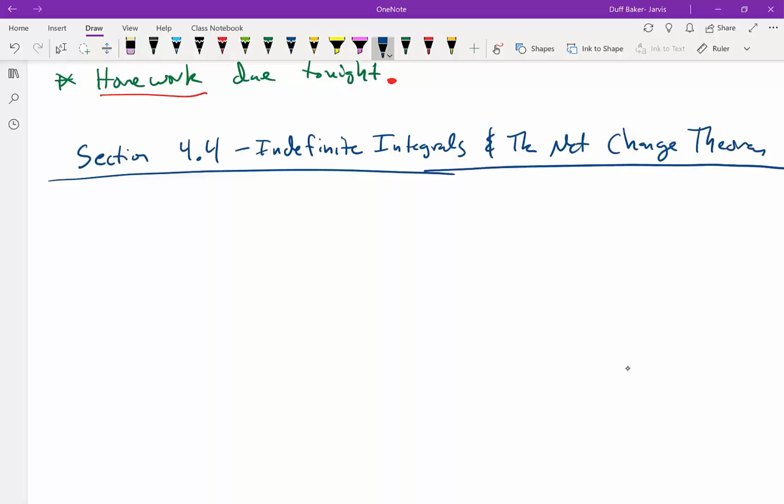The two main things we want to get through today are indefinite integrals and net change, that idea, which we already kind of talked about last time, but we're going to go into it in more detail.